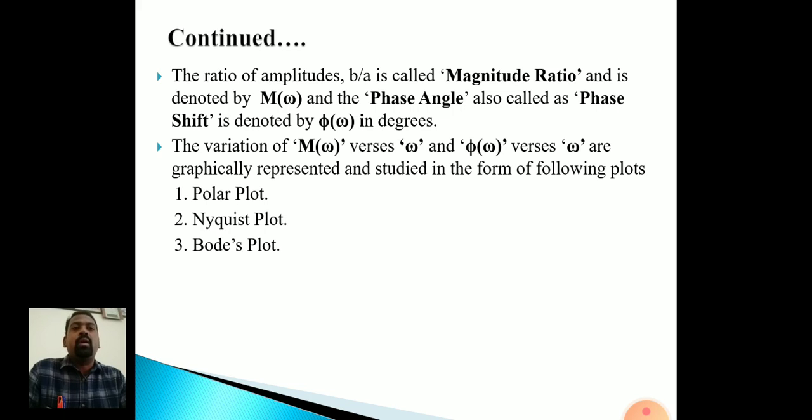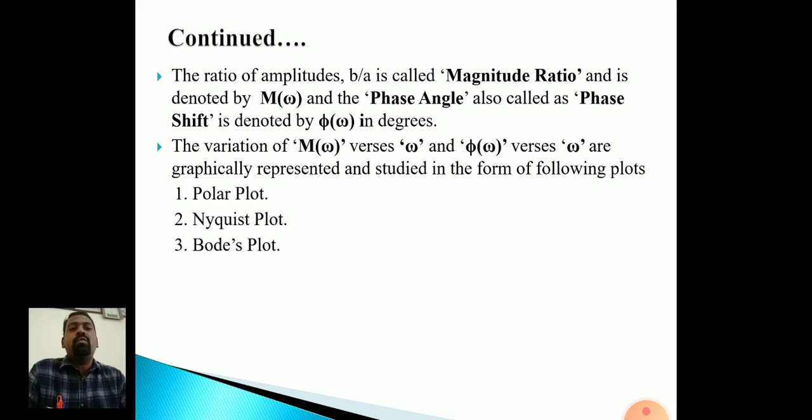The phase angle or phase shift is denoted by phi omega, in degrees. The variation of M omega versus omega and the variation of phi omega, the phase shift, with respect to omega are graphically studied and represented by various plots.